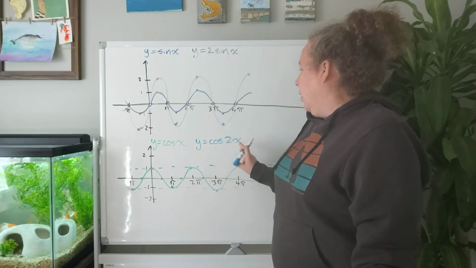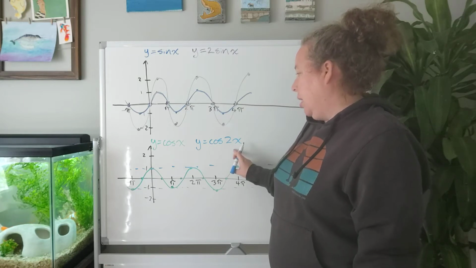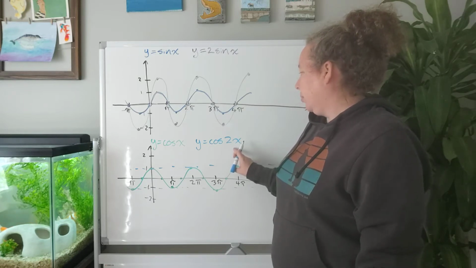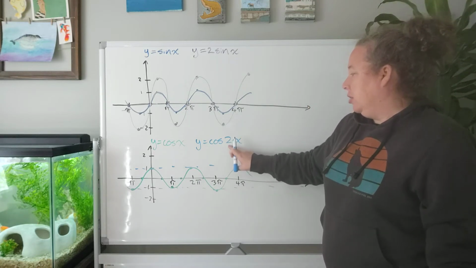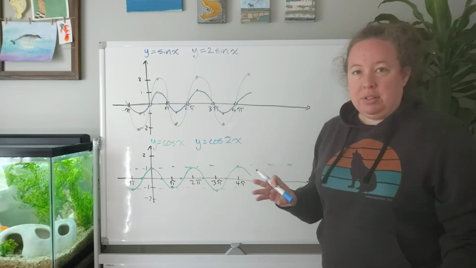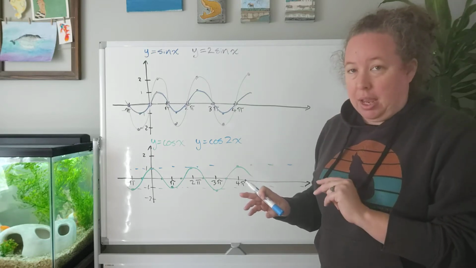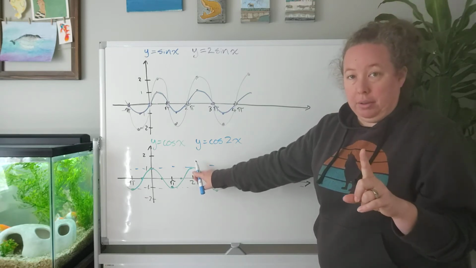However, the period has changed, and so in this case, it's cosine 2x, now I know that I'm going to have to fit 2 complete cycles into what is normally 1.